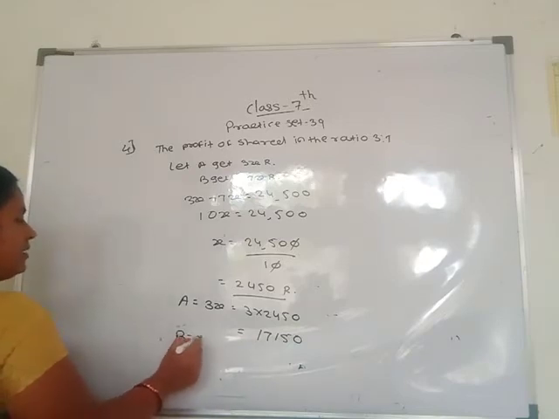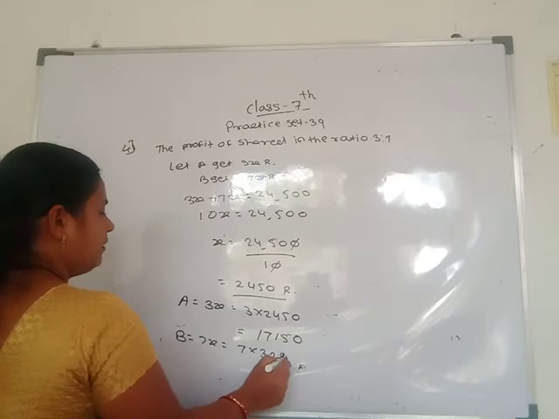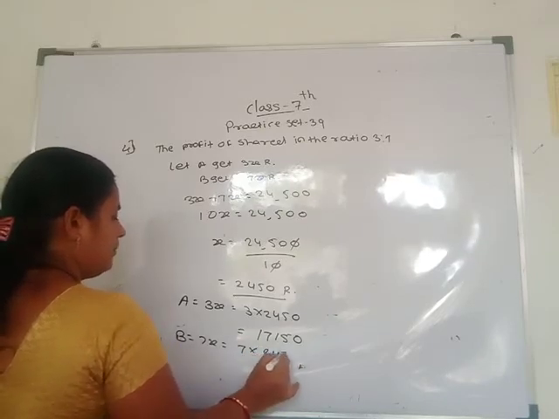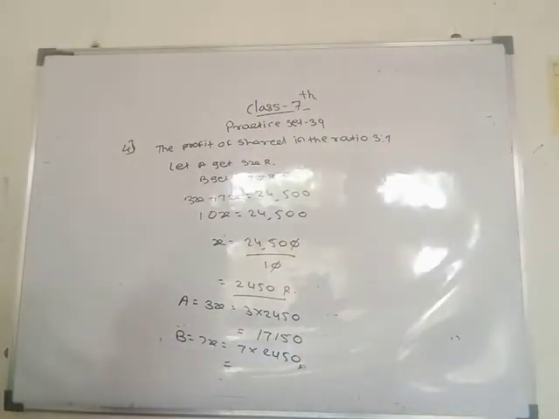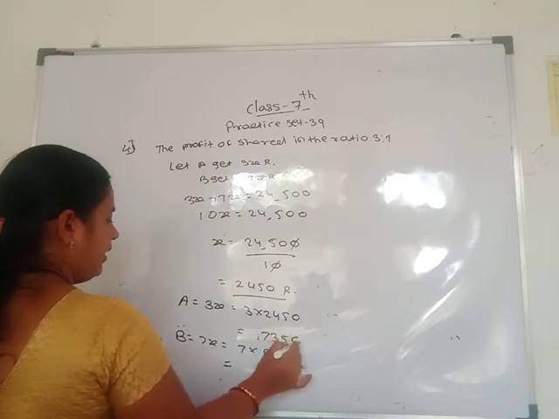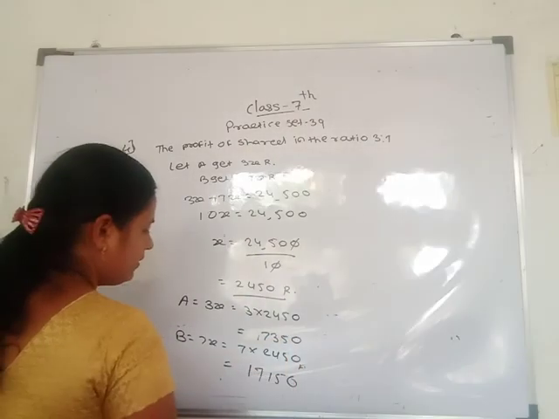And B is 7x, means 7 into 2,450. Do this also by multiplication. Then the answer is 17,150 rupees.